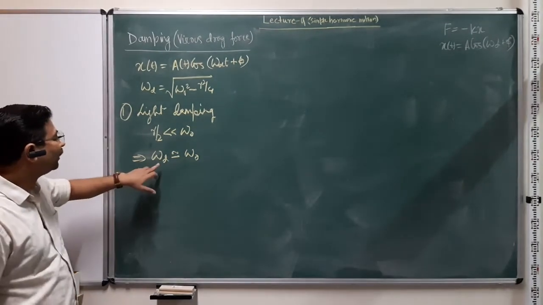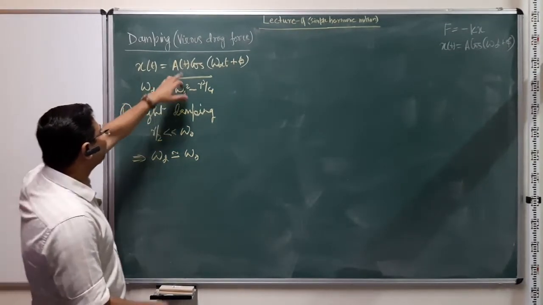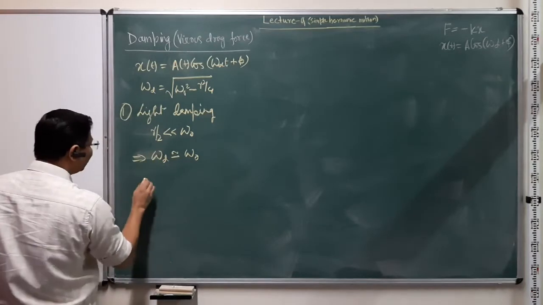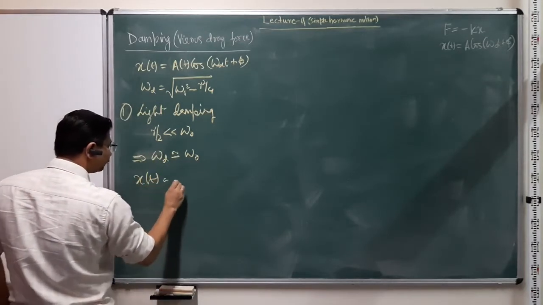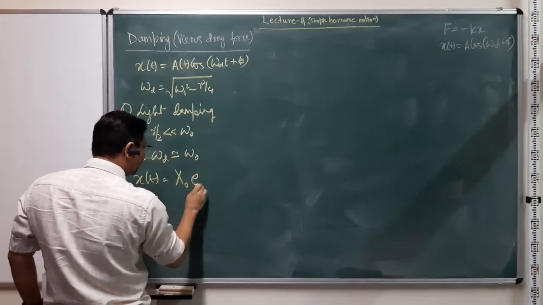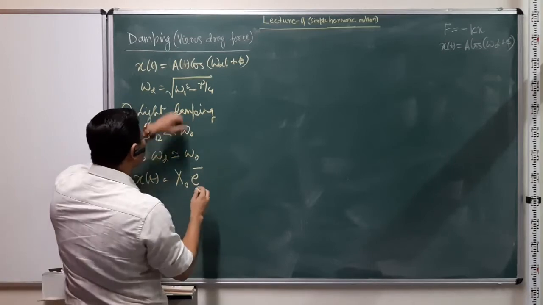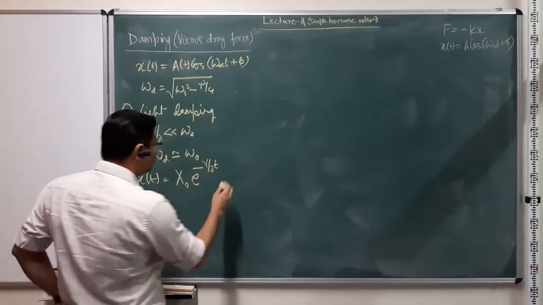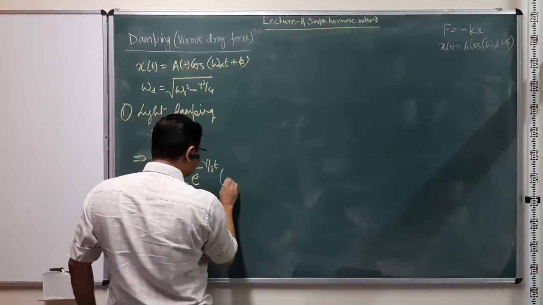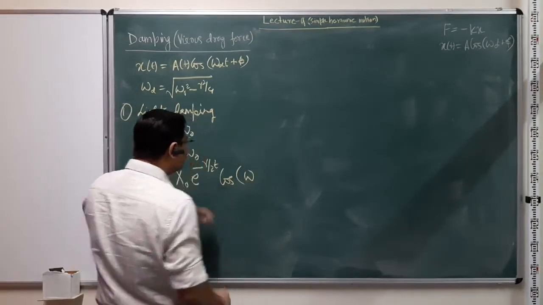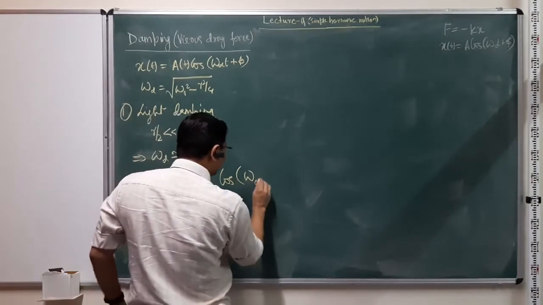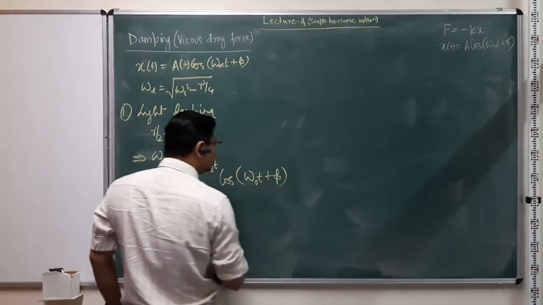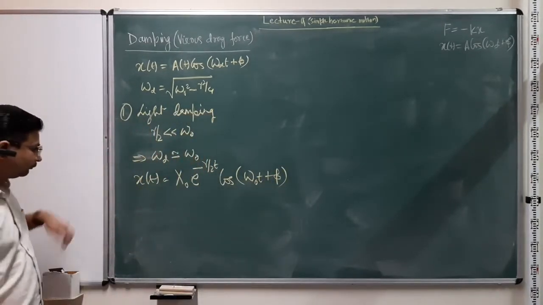If that is the case, then my solution I can write as x naught exponential minus gamma by 2 t, where gamma by 2 is now much smaller compared to omega naught, cos of, now I can replace omega d and simply write omega naught t plus phi. Okay.